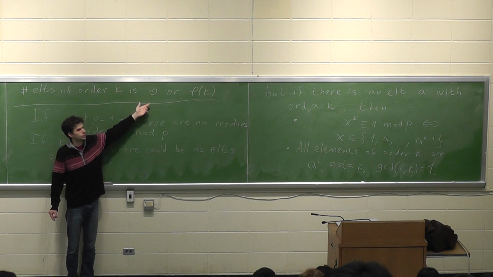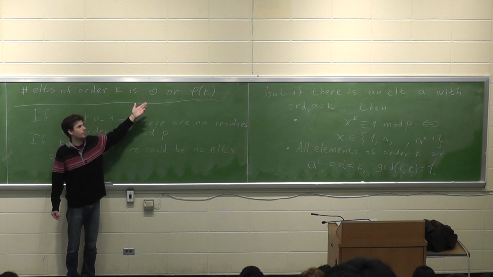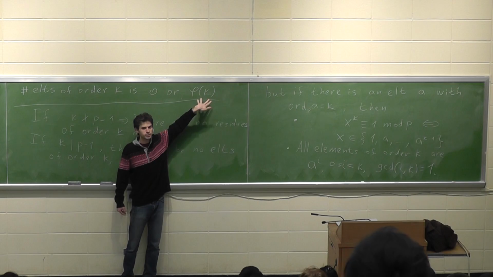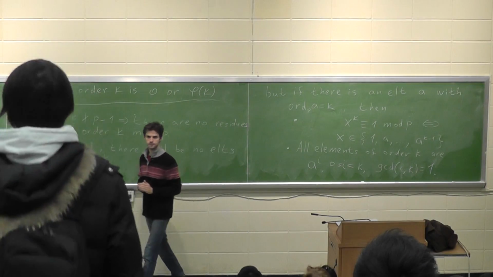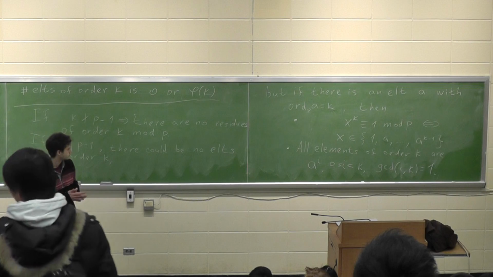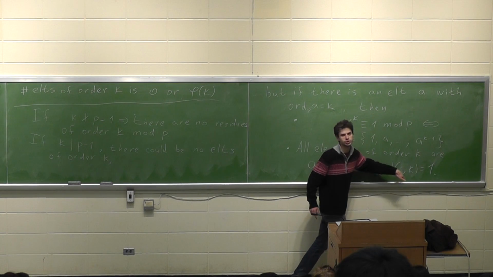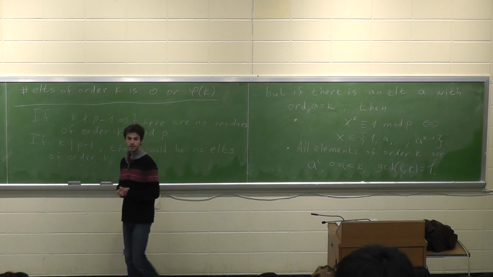If k is a divisor of p minus 1, as far as we know now, it could be 0, but if there is at least one element of order k, there are exactly φ(k) such elements. And here is a list of all of them. There are exactly φ(k) numbers i which are relatively prime to k. That's the definition of φ.